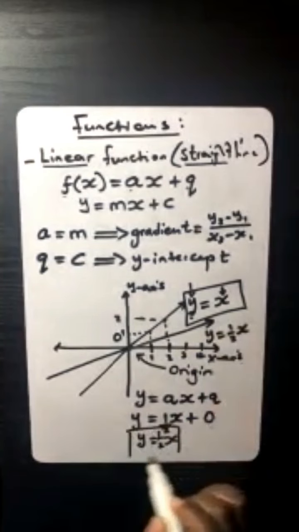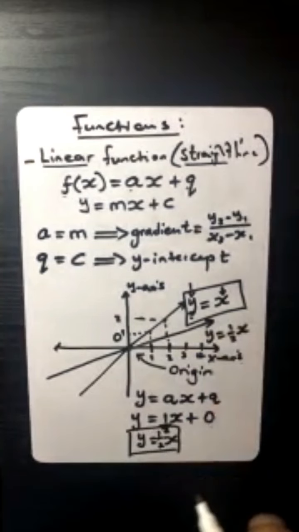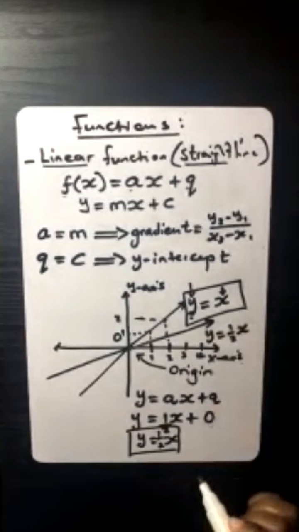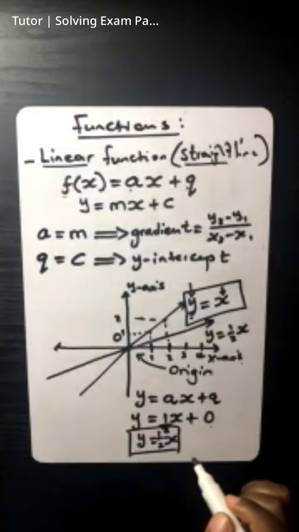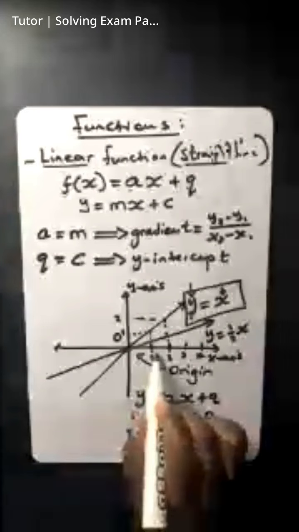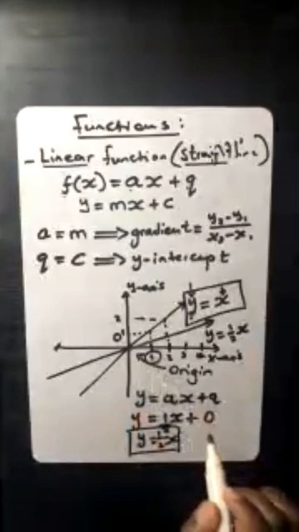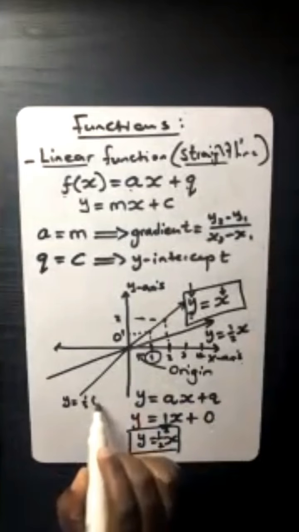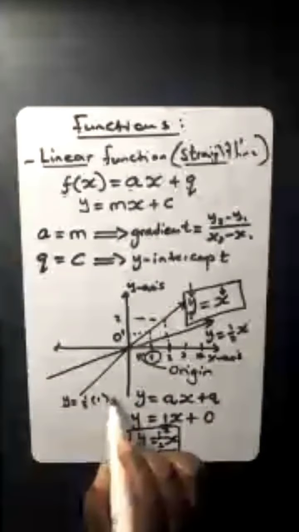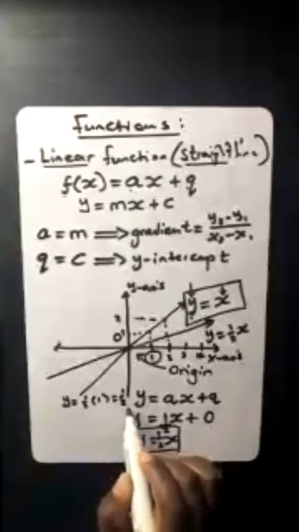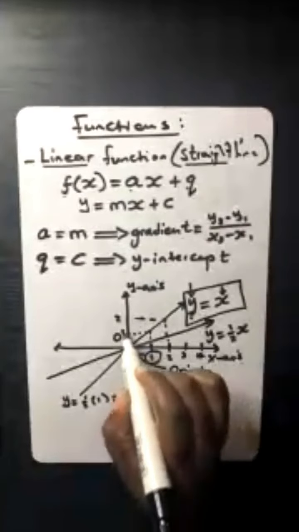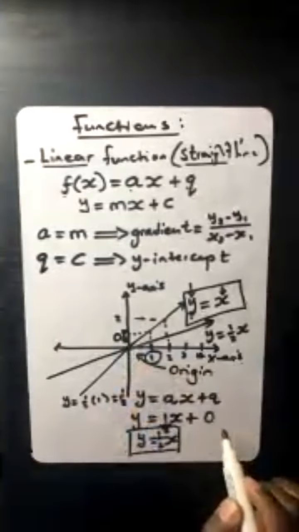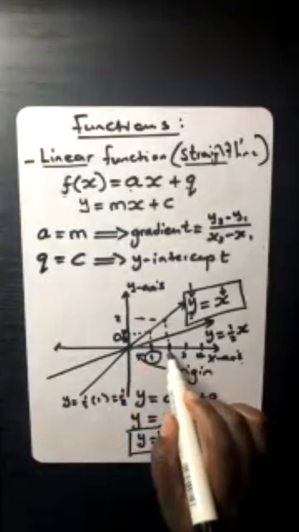So your second graph is y equals 1 over 2 x. What does it mean? Where you've got your x value as 1, you just substitute it there. So y equals 1 over 2 times 1, which is the same as 1 over 2. So where your x value is 1, your corresponding y value is half.